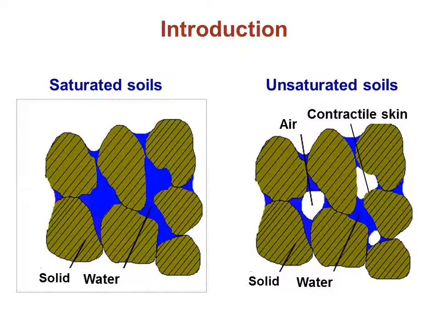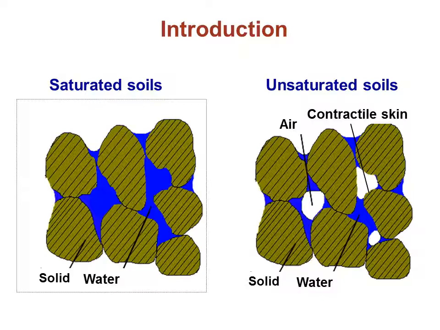As the soil starts drying, we can see a thin film of water binding the particles, which has a potential which is lower than the potential of the free water. So in other words, the energy required to remove this water from the soil mass can be expressed as suction.